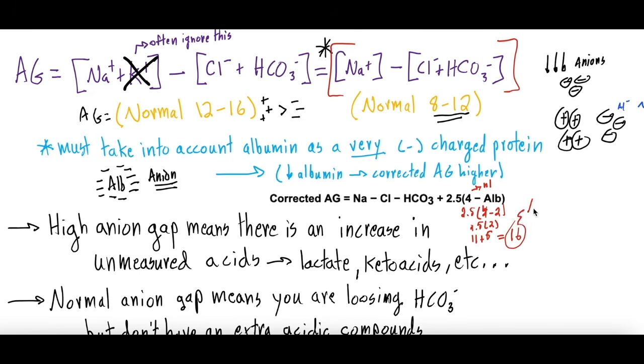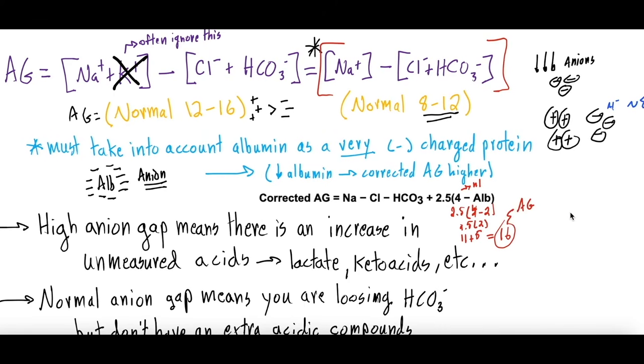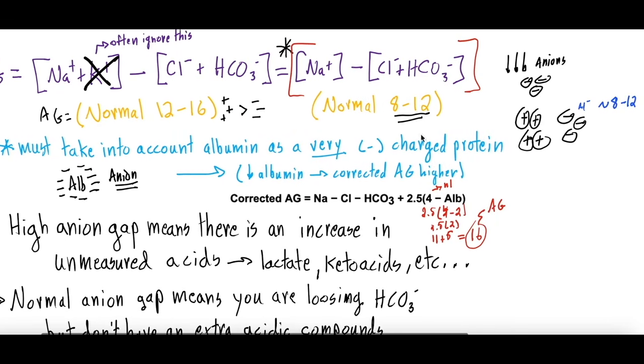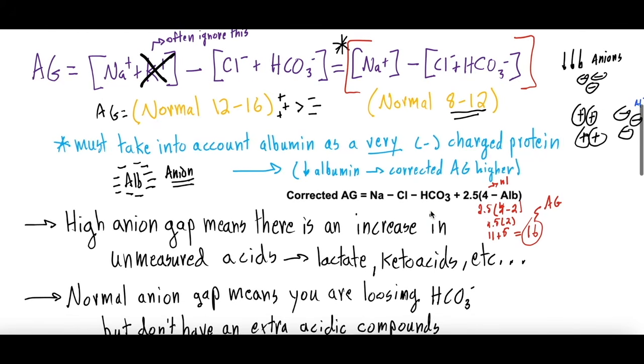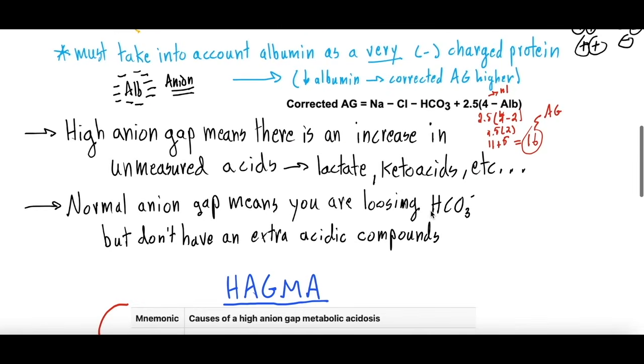And this is actually an anion gap, meaning that there is something going on in the blood that we're going to talk more about, creating a higher anion gap than would be measured otherwise. So always take into account hypoalbuminemia. Let's get into what exactly could be going on and how high versus normal anion gap helps us.